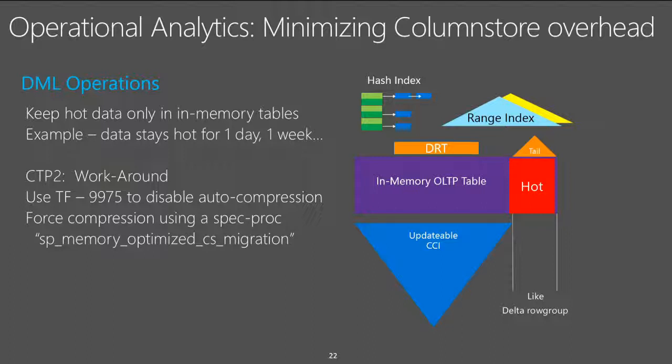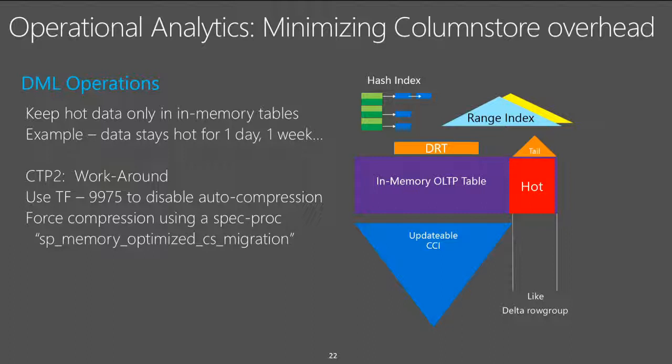And then you define that my data will be hot for a week or for 1 day. You run a stored procedure that will compress the data after 1 week, okay? After 1 day, whatever duration you have. So that is functionality we want to provide, but this is what you can do in CTP2 today.